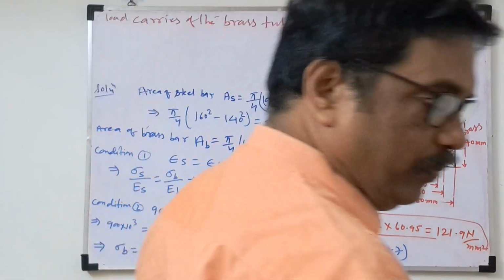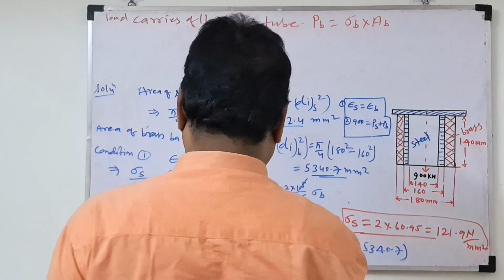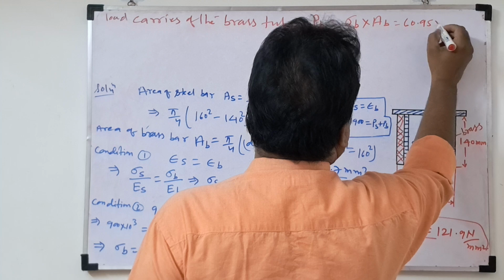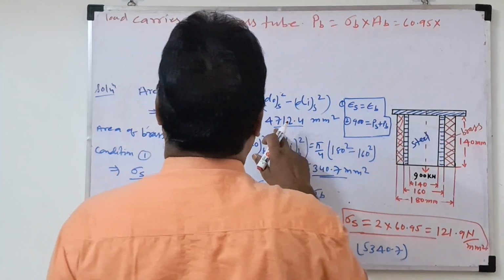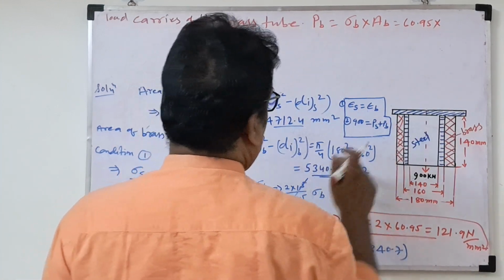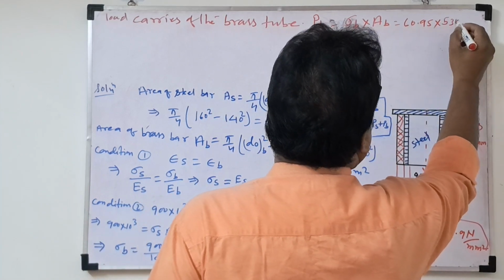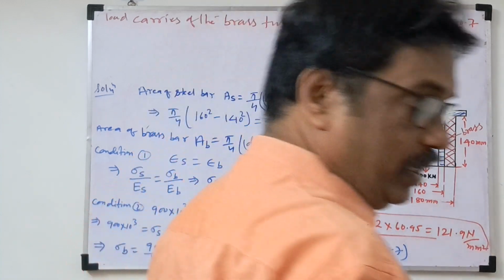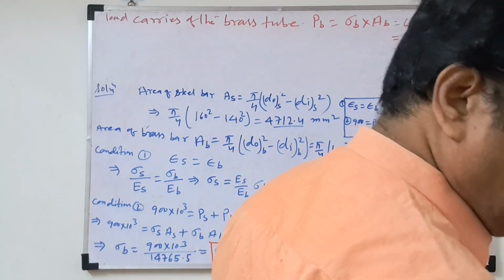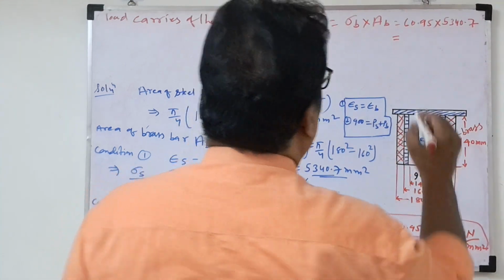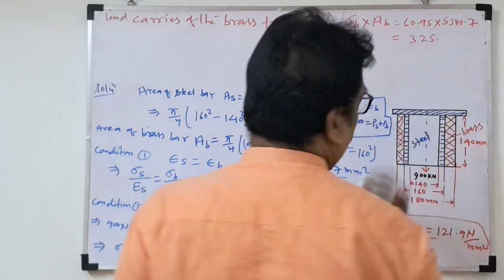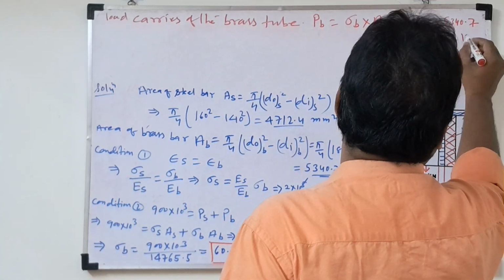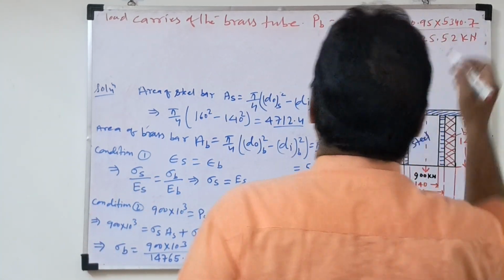Sigma B is 60.95 into the area of the brass, 5340.7. If we calculate, we get the load carried by the brass tube, 325.52 kilonewton. You have to calculate this with the calculator.